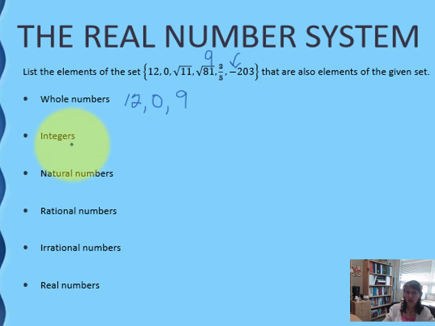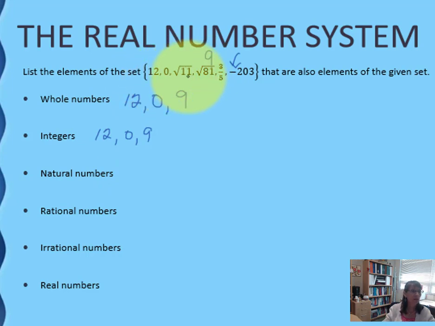Next, integers. Integers include all of the whole numbers. So automatically, I know that 12, 0, and 9 need to be included in the integers. Now let's consider the other values that we haven't written in our list.